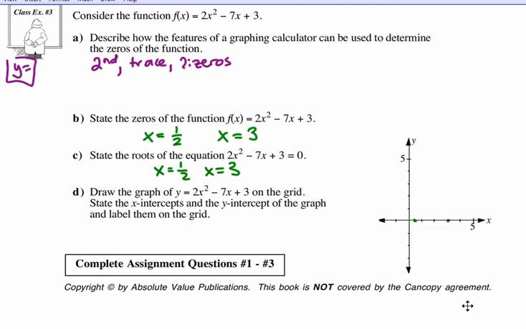So it goes through 1/2, 3 and the y-intercept is 3. This is a rough sketch of it. It says state the x-intercepts and the y-intercept of the graph and label them. So this is 3, a half, 3. Okay, next page.